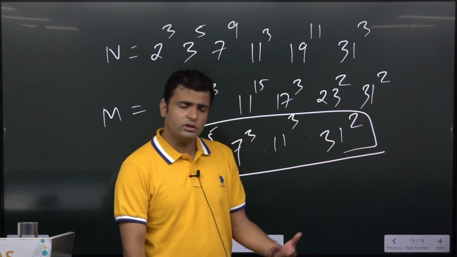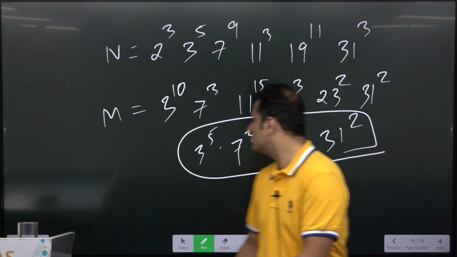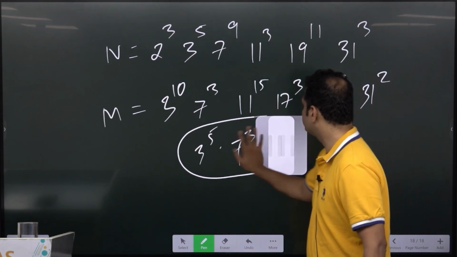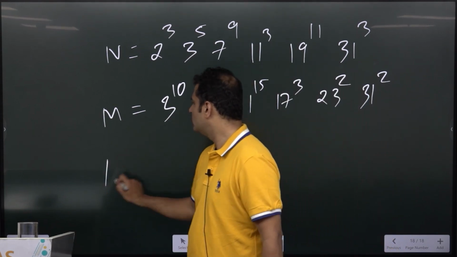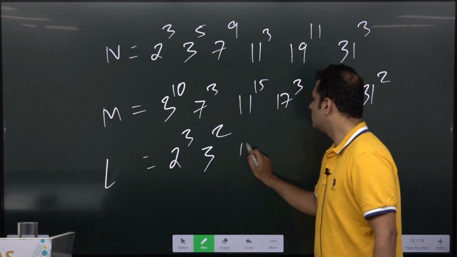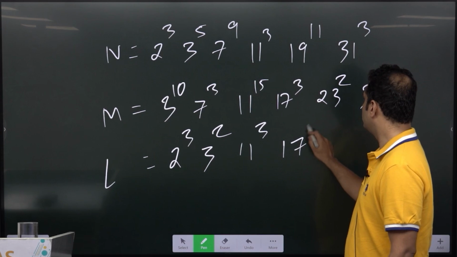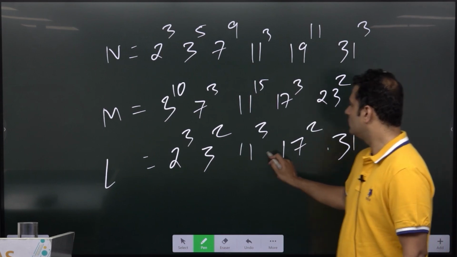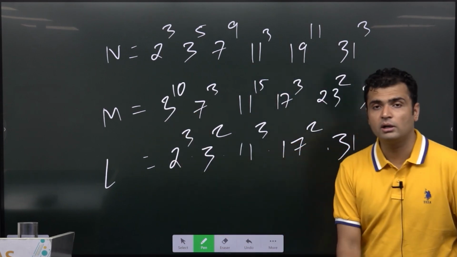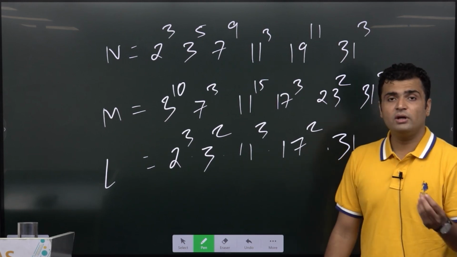And the good thing about this is you can find the HCF of multiple numbers at the same time. For example, I add one more number, L is equal to 2 cube, 3 square, 11 cube, 17 square, 31. If I write this as the third number and now I want to find the HCF of all the three numbers, what do we have to look for?